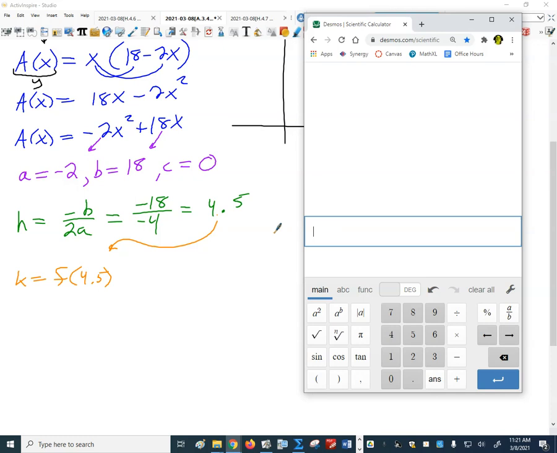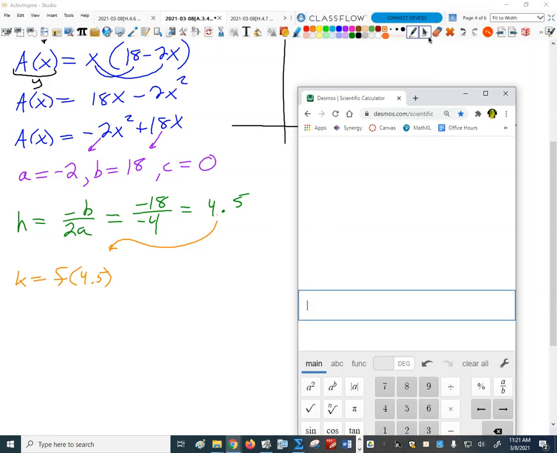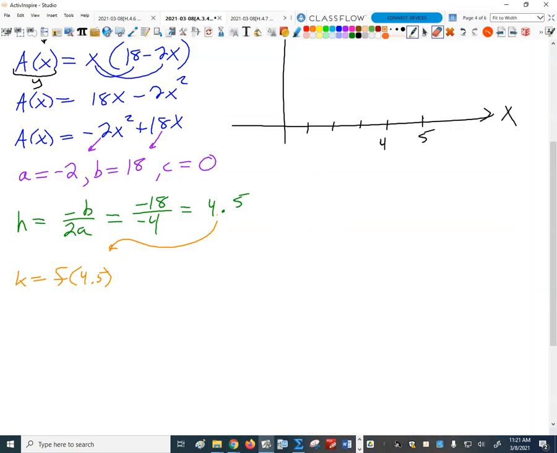So remember how we use Desmos here. I'm going to type in, and I shouldn't say F, I should say A, shouldn't I? Whoops. Not that it makes that big of a difference. But my function is A of x, not F of x, right? So let's make that one little change. So k is going to be A of h, which is 4.5, okay?